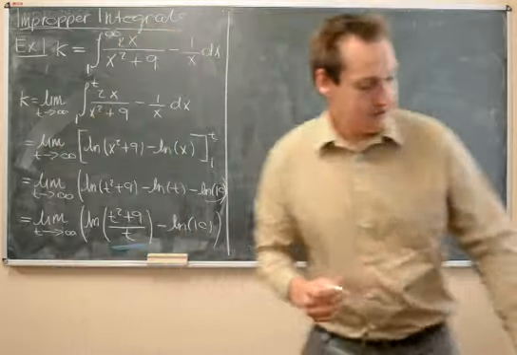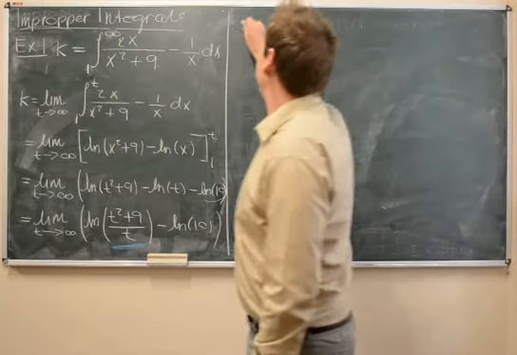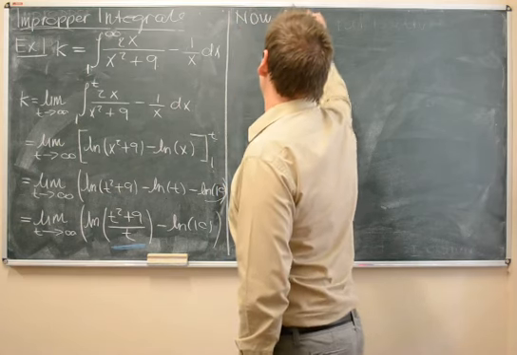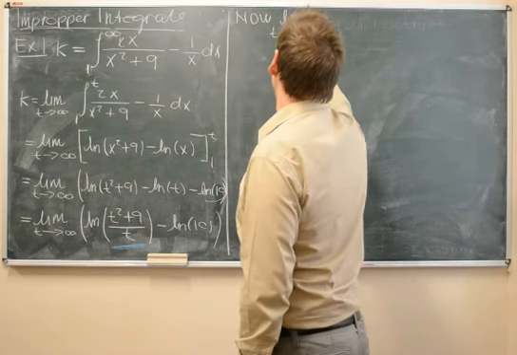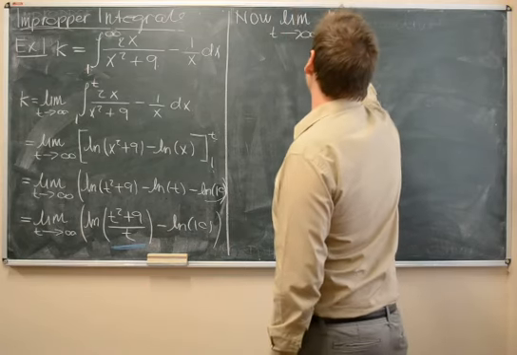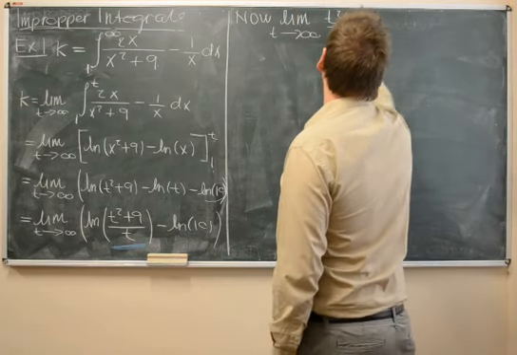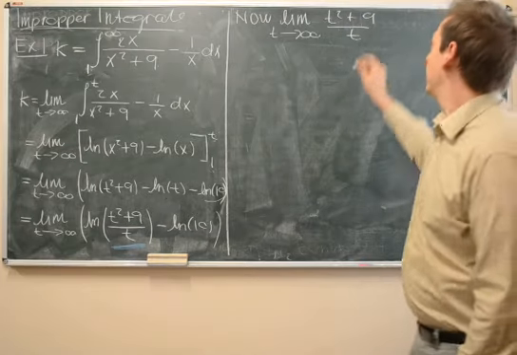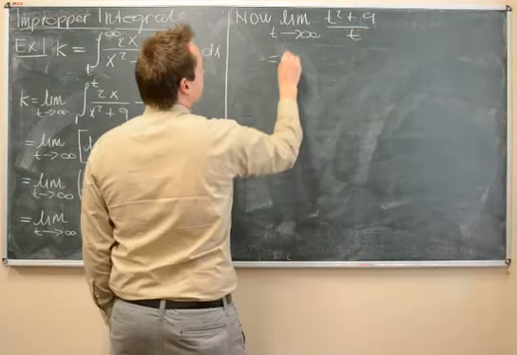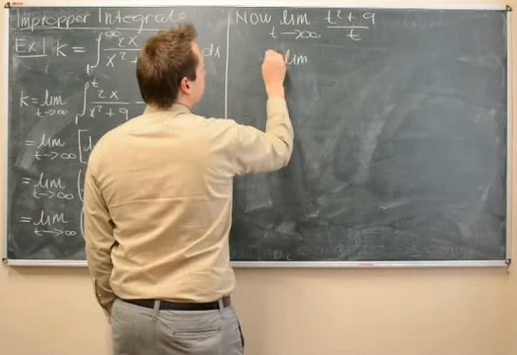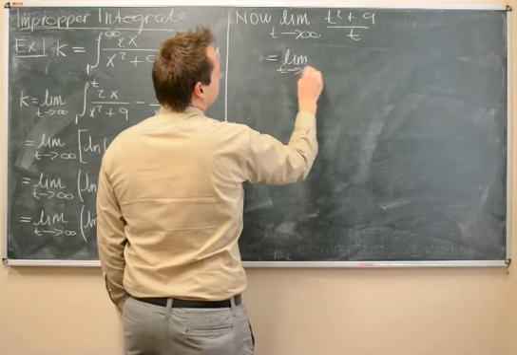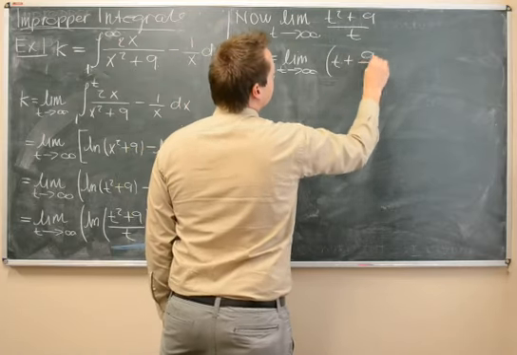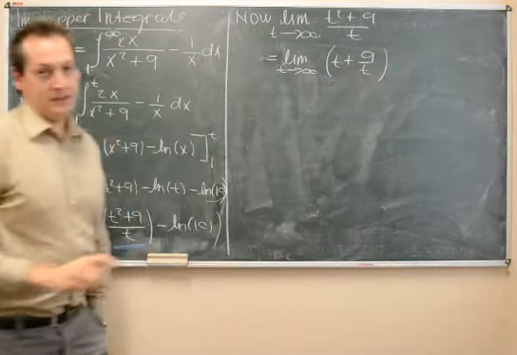Now let's see. As t goes to infinity, what happens to (t squared plus 9) over t? Well, this is just t plus 9 over t.